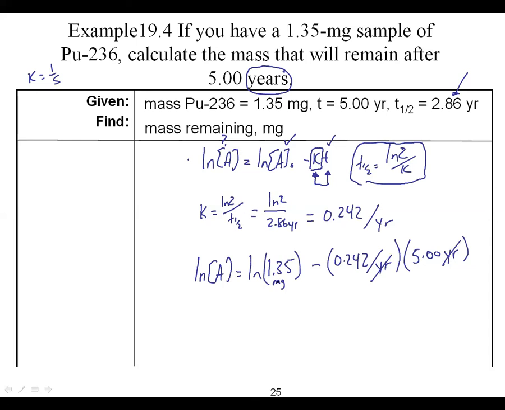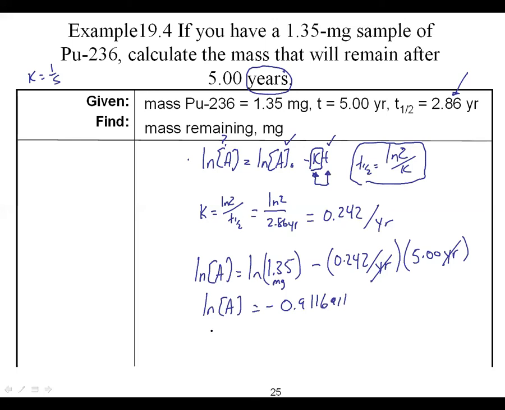And if we clean up the right-hand side, we get the natural log of A equals, on the right-hand side, minus 0.9116911.